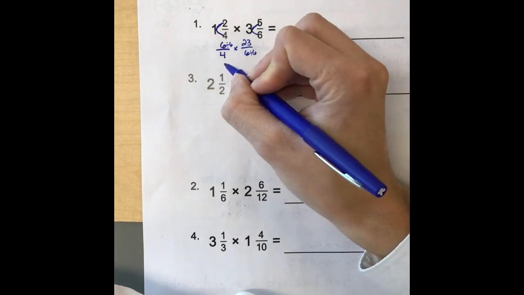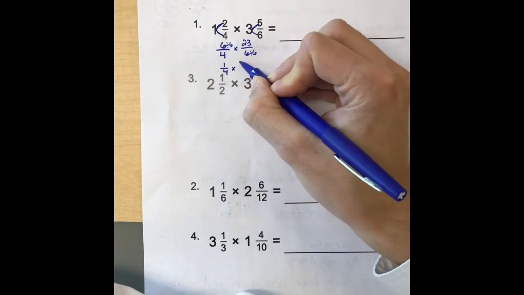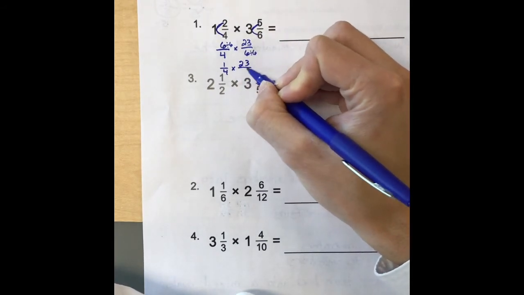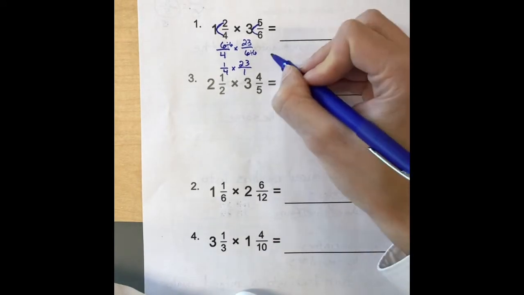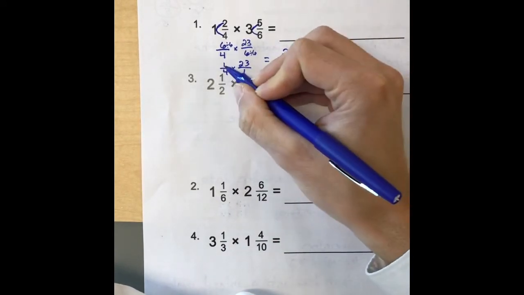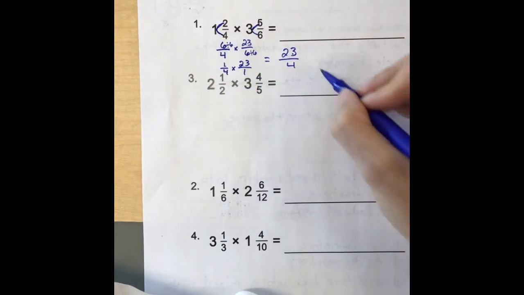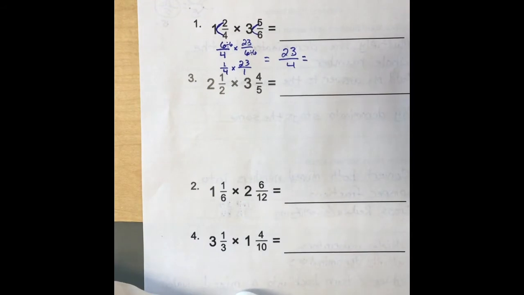So I can rewrite that: I now have 1/4 times 23 over 1. That gives me 23 over 4, because 1 times 23 is 23, and 4 times 1 is 4. My last step is to then turn it back into a mixed number.